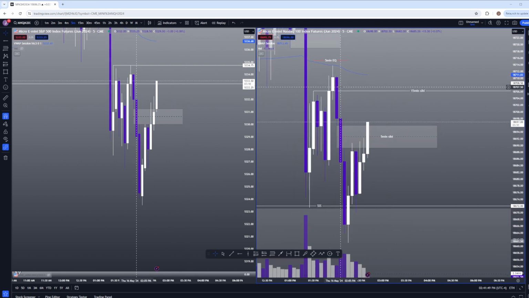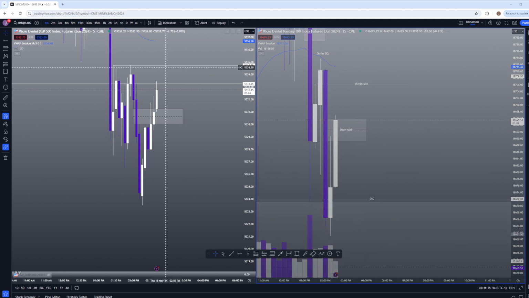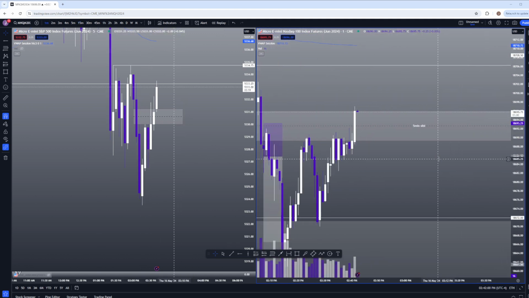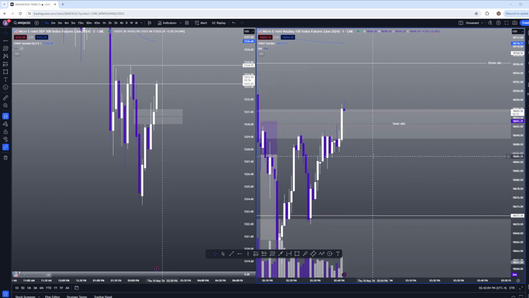Okay, there's that push. There's that push I've been looking for here. That's a pretty strong displacement candle there on the 1 minute. That Bob Marley push, exactly.